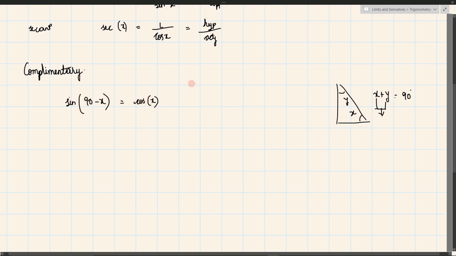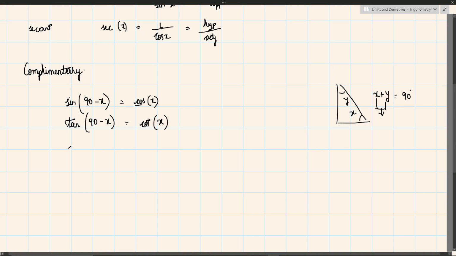Since we can see that sine and cosine, there is a co in front of sine, that is cos. Similar to that, tan of 90 minus x would be equal to cotangent of x.